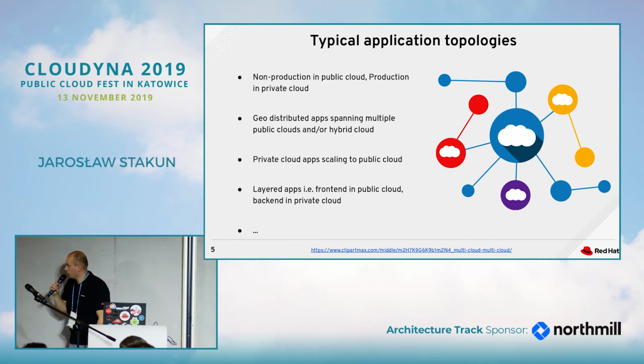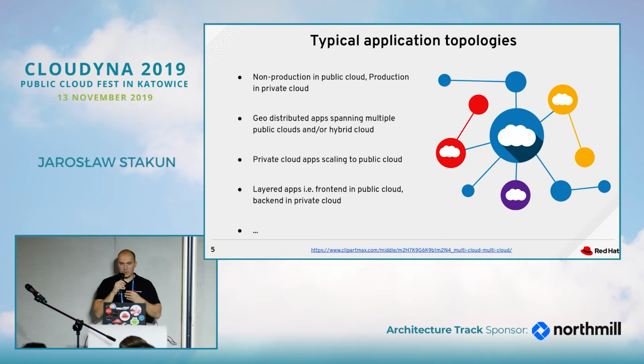Another quite interesting example is when you have some application running in your private cloud, typically in your own data center, and you want to scale it to public cloud to handle some peak.